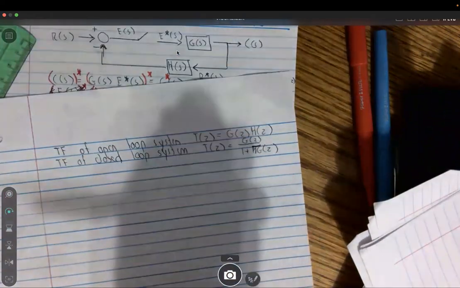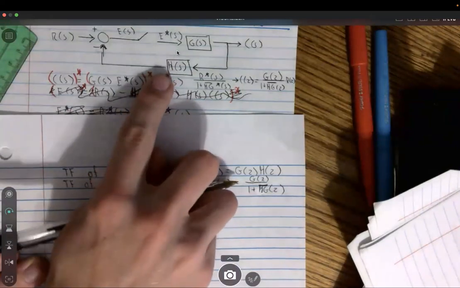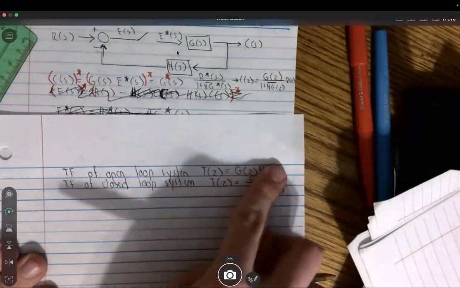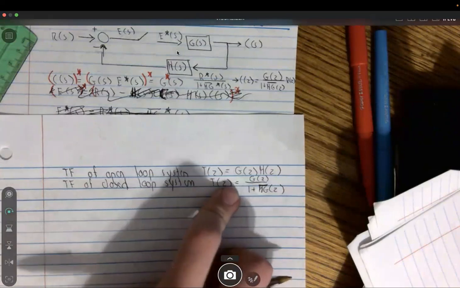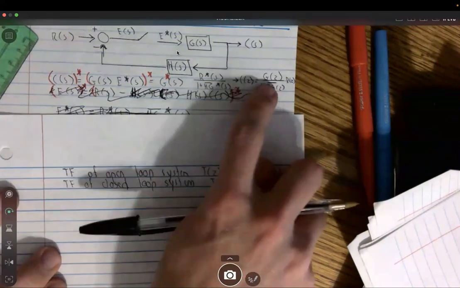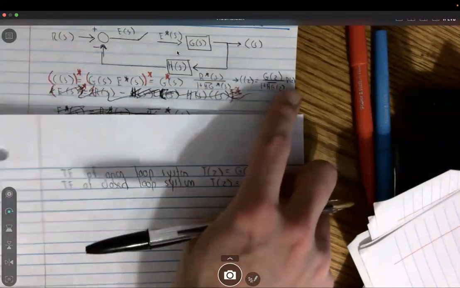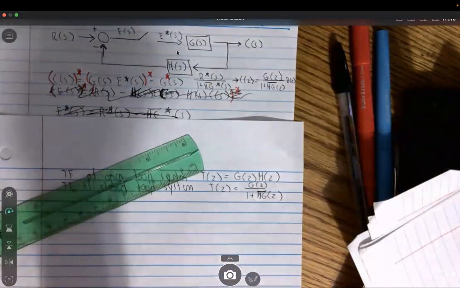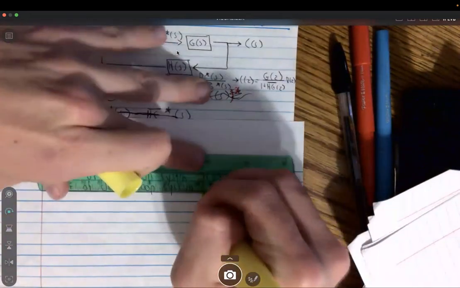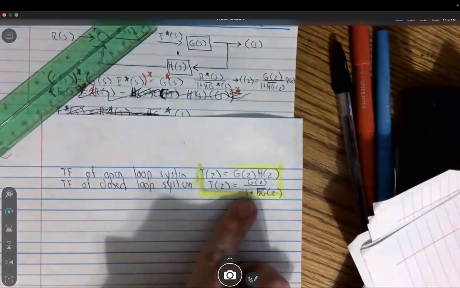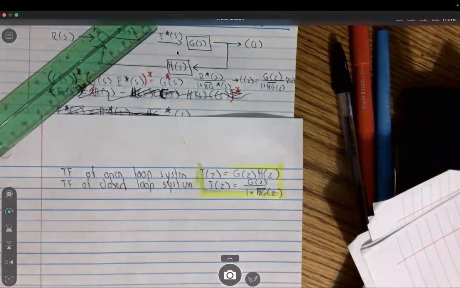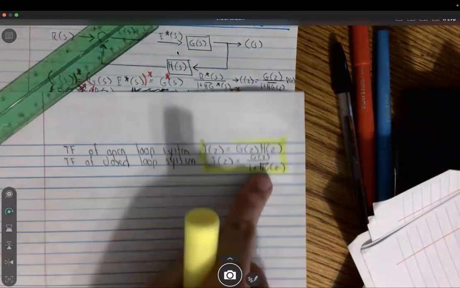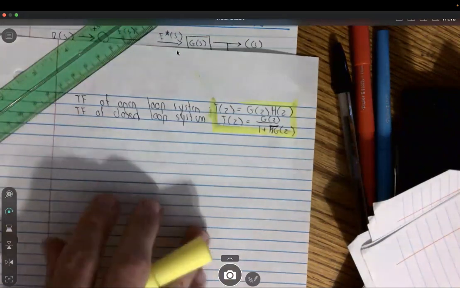So that's the big thing. You just have to know the difference here. Our open loop system is G of Z times H of Z, but for our closed loop transfer function, it's G of Z over 1 plus HG combined of Z. It's not like our normal one in the S domain, where it's H of S times G of S. This one is combined. So just know those two differences and how we derived it.